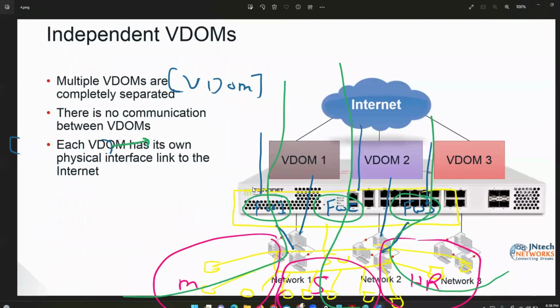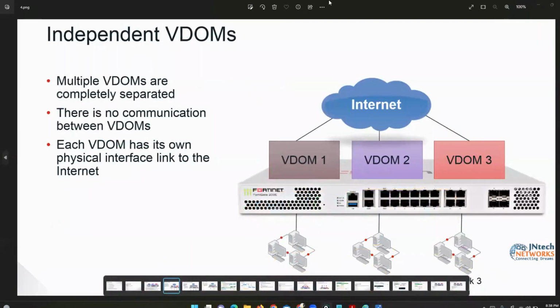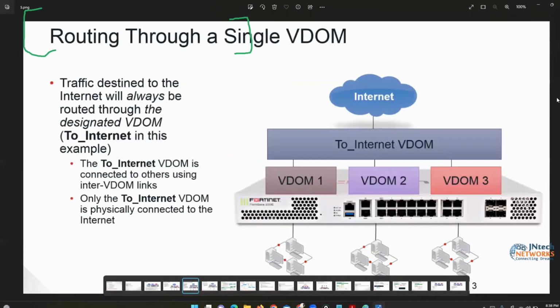We have two scenarios. The first scenario is called independent VDOMs, and the next scenario is routing through a single VDOM.